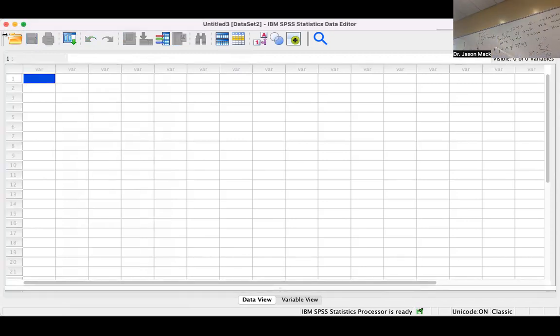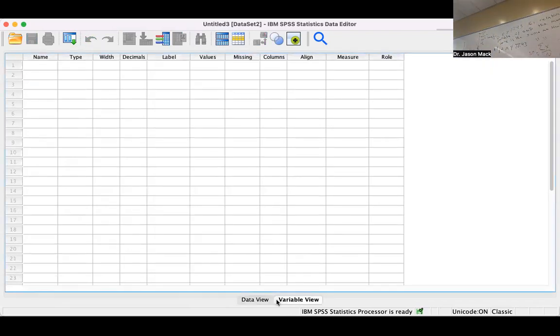So the first thing we're going to do is click on the variable view tab right here, to make sure you're not on the data view. Variable view, like that. And we're going to enter groups in the name column. So groups, and we're going to say intake.